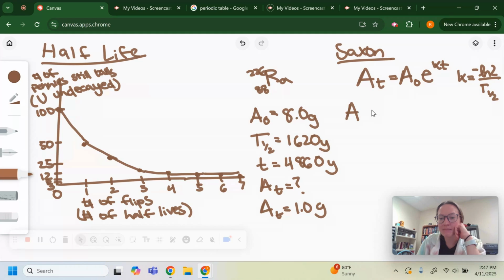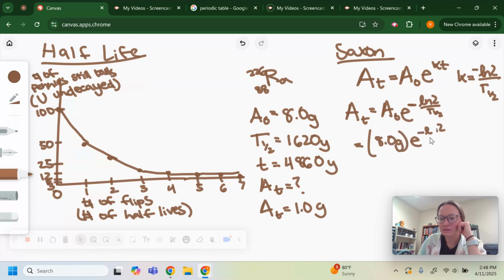That gives you a formula that looks like this: the amount at time t is equal to the amount that you started with times e to the negative natural log of 2 all over the half-life, times t. Now you could plug in numbers. The amount that you started with was 8.0 grams times e to the negative natural log of 2 all over 1,620 years.